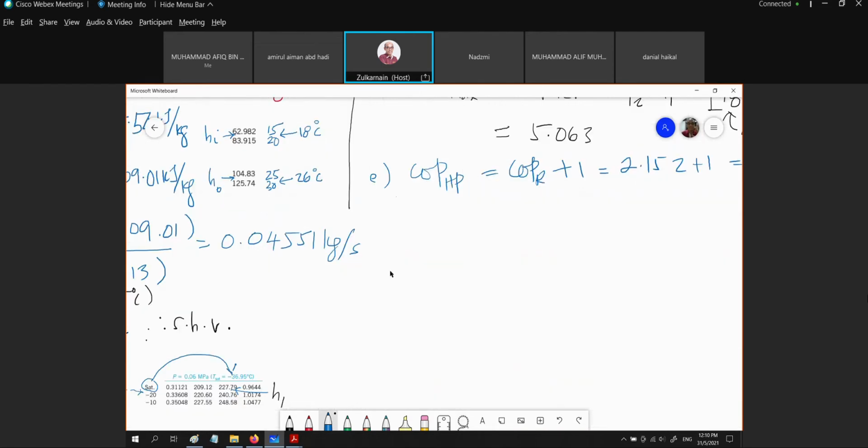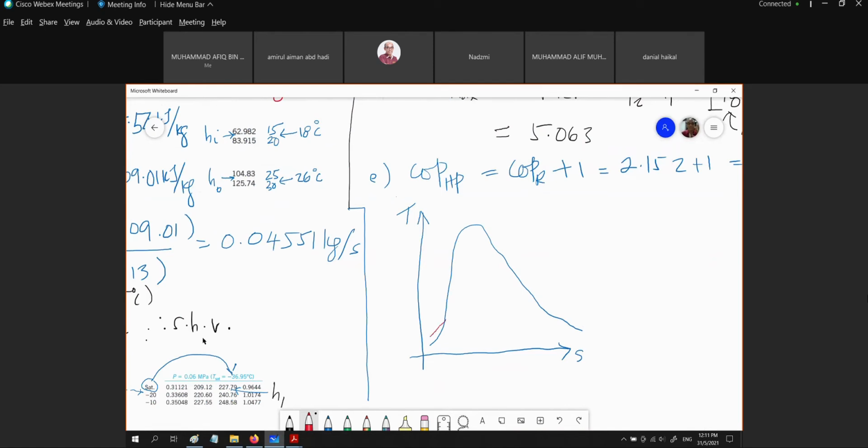So now let us sketch the process on a TS diagram. TS. Our condenser pressure. Sorry, the evaporator pressure. The condenser pressure.